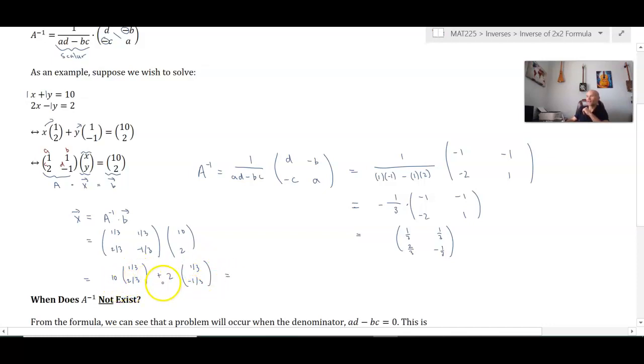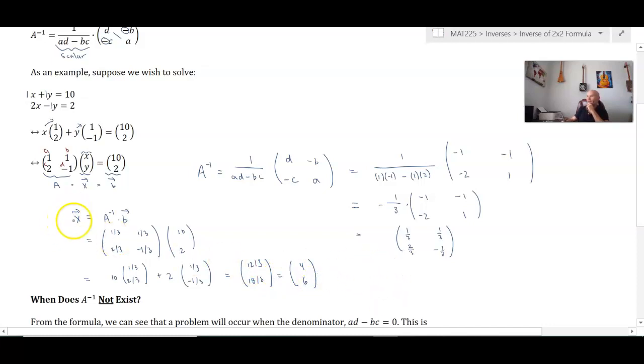This will give us 10/3 plus 2/3 is 12/3, and then we have 20/3 minus 2/3 is 18/3, and 12 over 3 is 4, and 18 over 3 is 6.